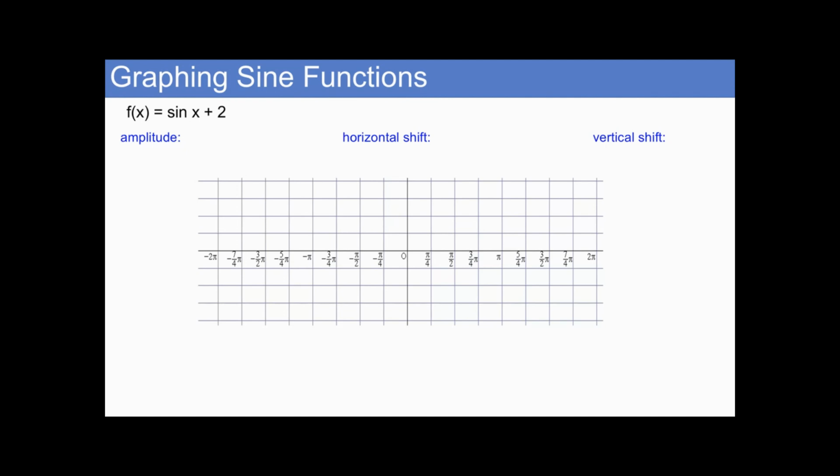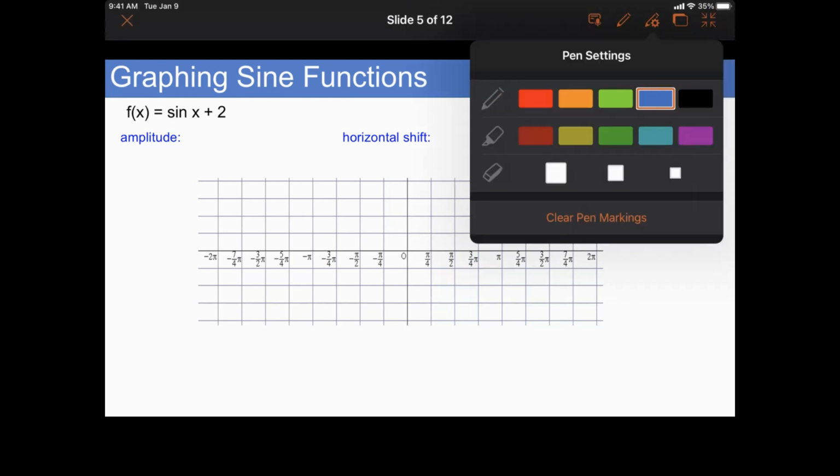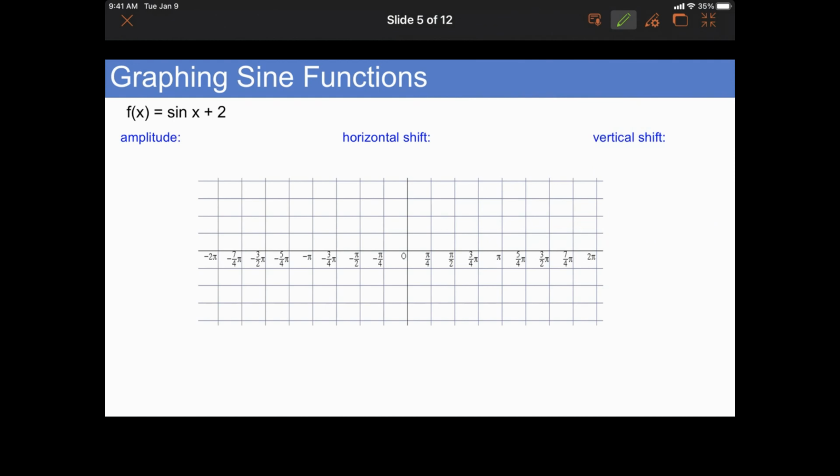All right, so here's a graph. We have sine x, and you can see that it is +2. So what is the +2 on the outside? Not inside with the x, on the outside. That means it's going to move up. You can see we're going to look for the amplitude, the horizontal shift, and the vertical shift.